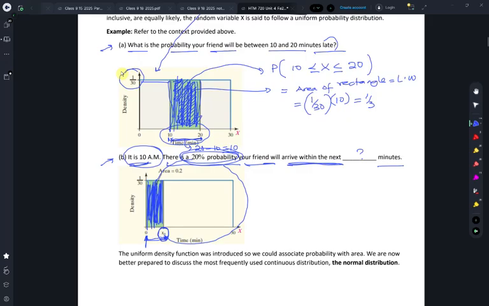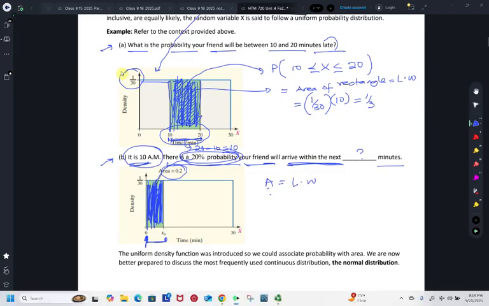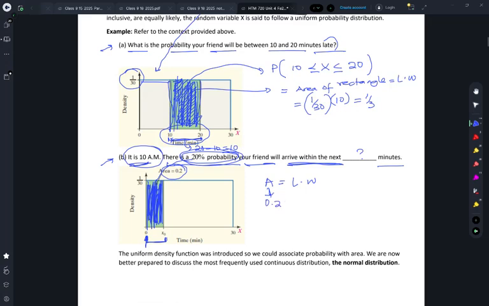In other words, we are interested in how wide this width is such that this area is 0.2, or 20%. So we know already that the area of a rectangle is length times width. The area in this case, we have been supplied the value of that area, that is 0.2.